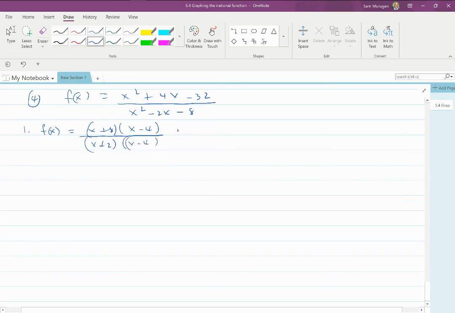That allows us to write the domain that x cannot equal -2 or 4. Okay, we're going to put in some axes over here so we can sketch the graph.